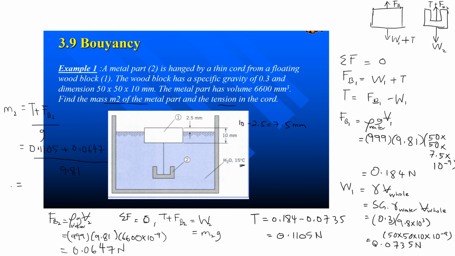Try to calculate. The answer should be 0.0179 kilogram. If you convert this to gram, it's about 17.9 grams. So the mass of the metal is about 17.9 grams.